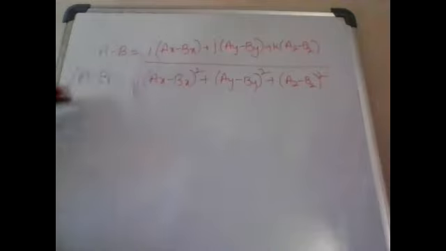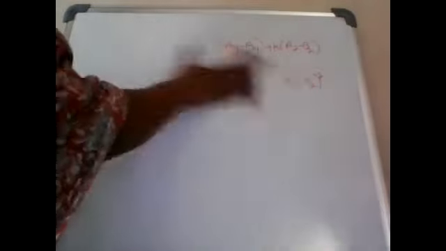So the magnitude of this subtraction, mod of A minus B equal to under root of A suffix x minus B suffix x whole square plus A suffix y minus B suffix y whole square plus A suffix z minus B suffix z whole square. This is the component method, addition and subtraction.